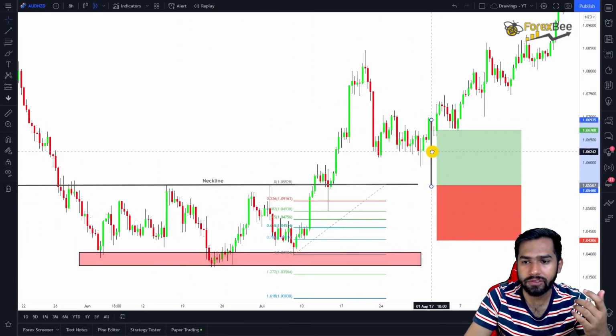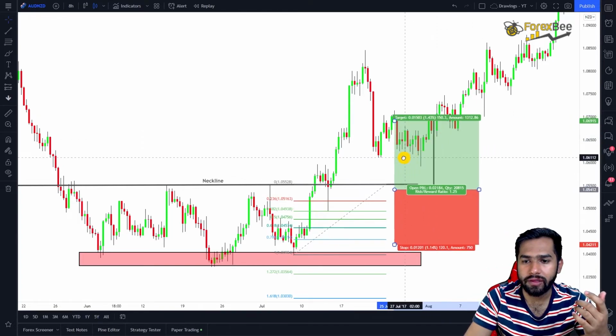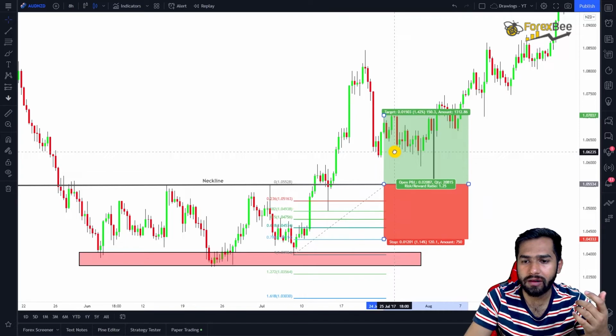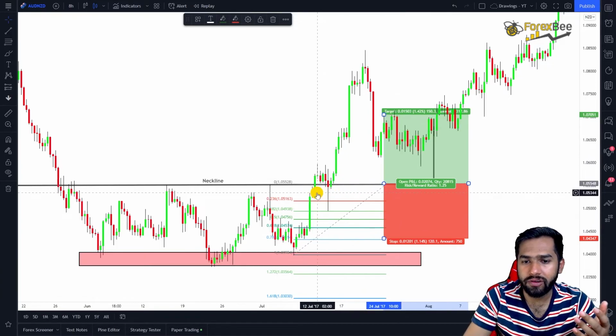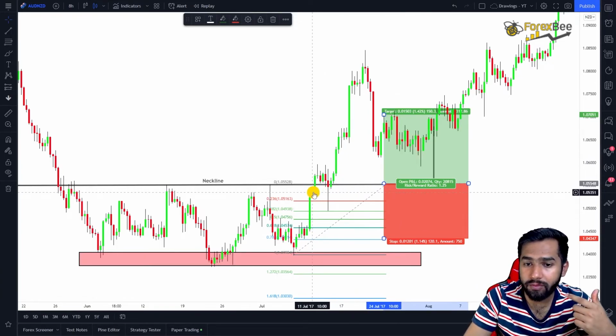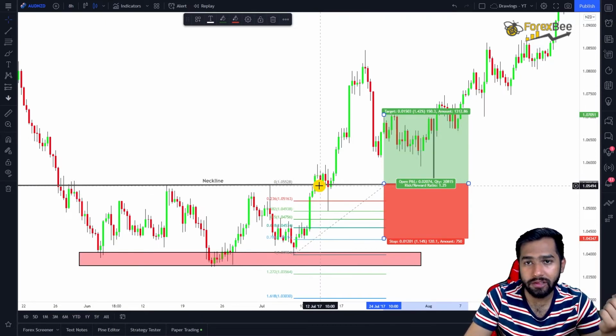So I would just project this here, and our take profit level would be somewhere here. So this would be basically our trade that we would be taking in the triple bottoms pattern, and our entry would be when the price breaks out through this neckline, and that would be our entry point.